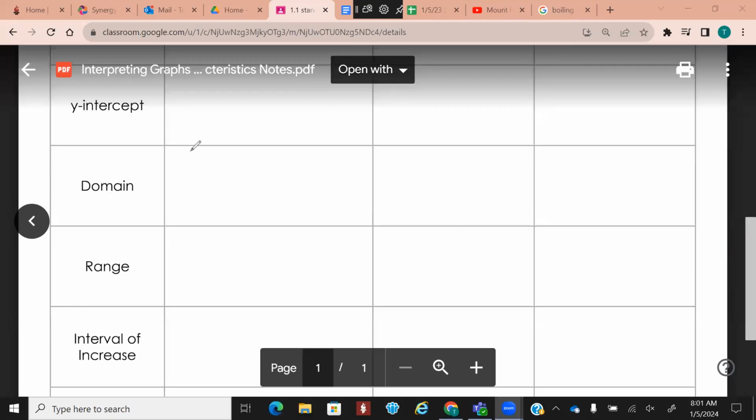The domain is going to be all x values, all your x values that are in the situation. So this is talking about the time of flight for either the drone or the rocket, the number of seconds it's in the air.